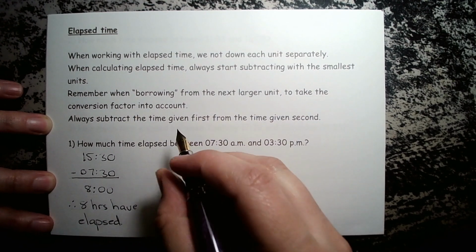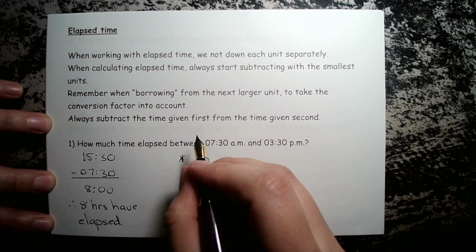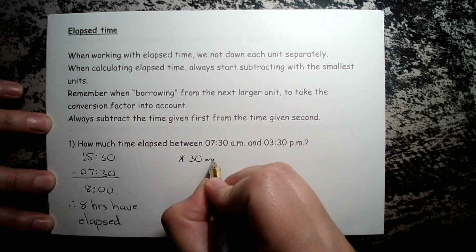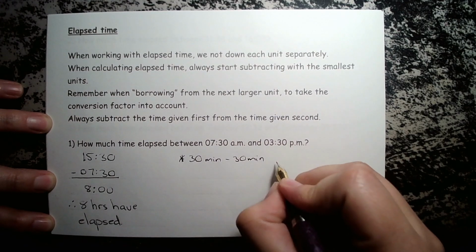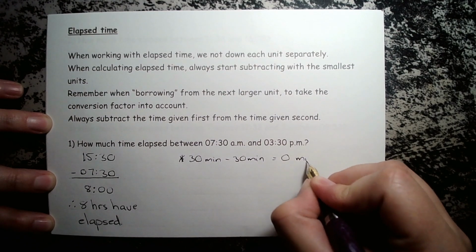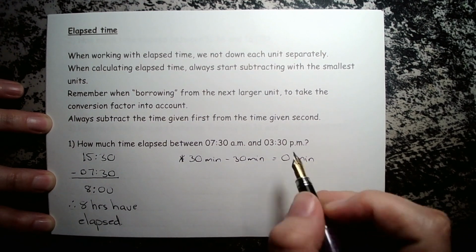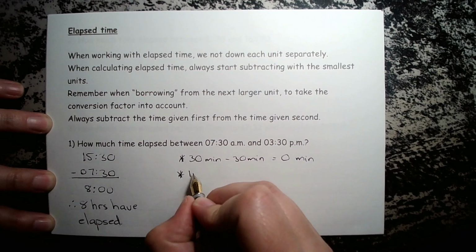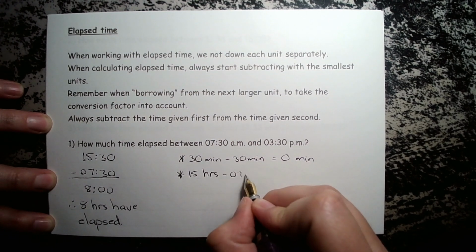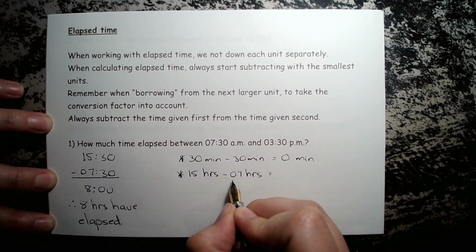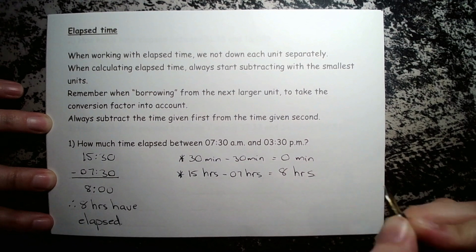The other method that we can use, and we again start at the minutes, is 30 minutes minus 30 minutes leaves us with 0 minutes. Fine. 3 p.m. is 15 hours minus 7 a.m., which is 7 hours. 15 minus 7, 8 hours.